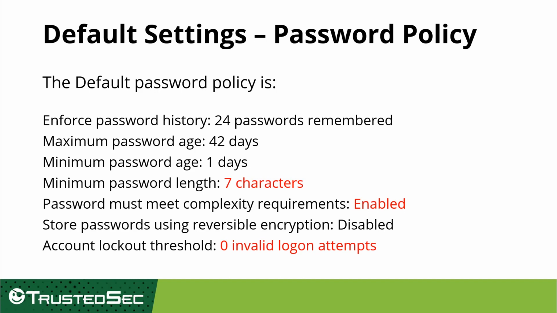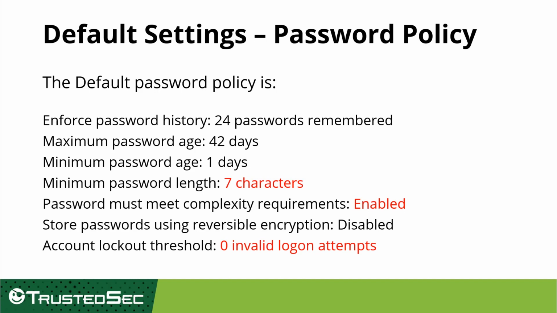There's also a setting called store password using reversible encryption that is set to disabled. And you also have the account lockout threshold that is really interesting, that is set to 0. 0 basically means that lockouts will never happen, meaning that you can try as many times as you want to authenticate against Active Directory.